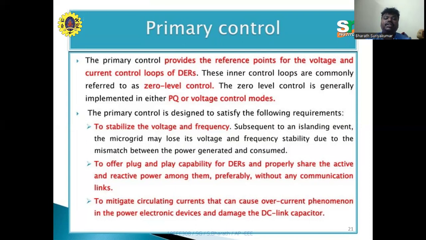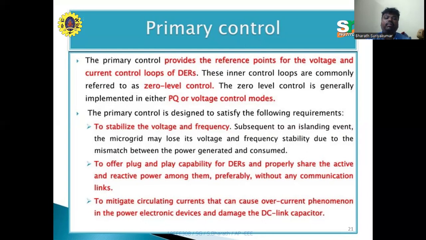First, to stabilize the voltage and frequency: subsequent to an islanding event, the microgrid may lose its voltage and frequency stability due to the mismatch between the power generated and consumed. Second, to offer plug-and-play capability for DERs and properly share the active and reactive power among them, preferably without any communication links, to mitigate circulating currents that can cause overcurrent phenomena in power electronic devices and damage the DC link capacitor.